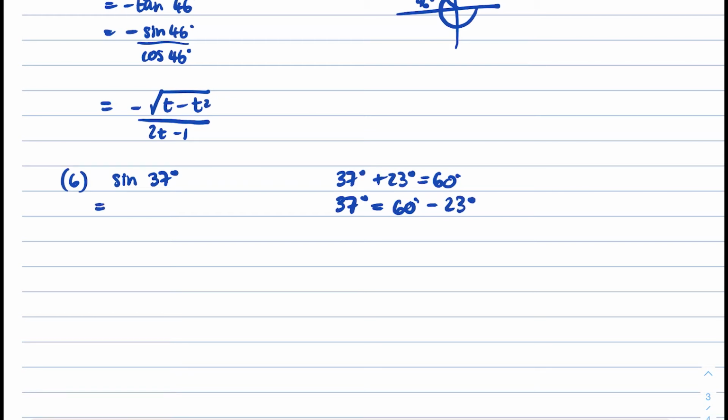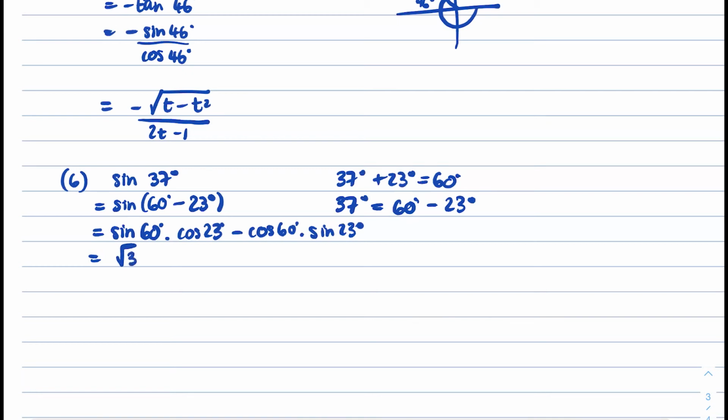Thus, we can look at this angle as the sine of 60 degrees, a special angle, minus the given angle of 23 degrees. If we expand this using our compound angle, it's the sine of 60 times the cosine of 23 degrees minus the cosine of 60 times the sine of 23 degrees.